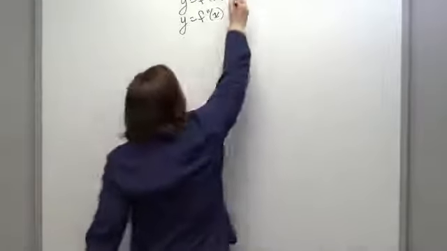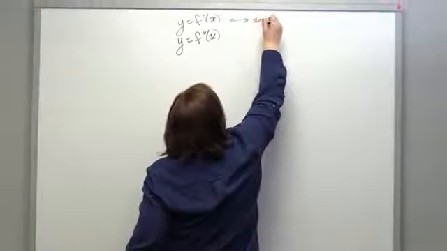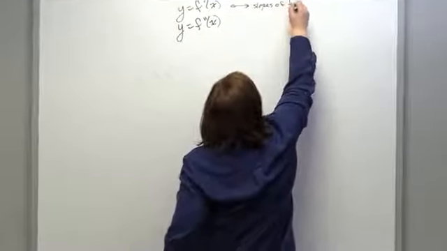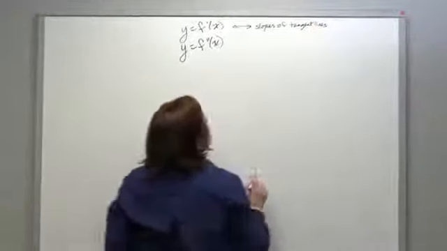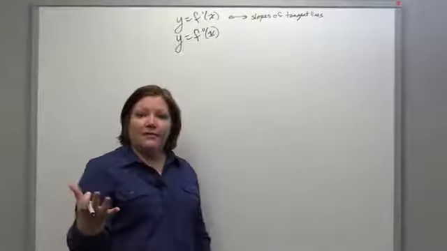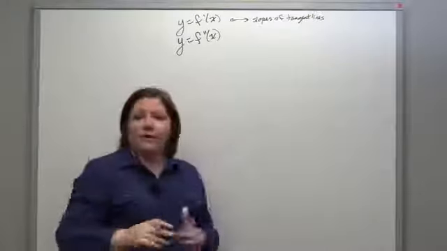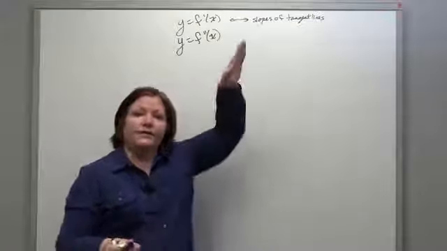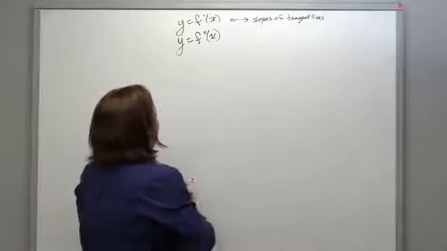F prime of x gives us information about slopes of tangent lines. And with that information, it can give us information about whether or not f is increasing or decreasing, going uphill or downhill.